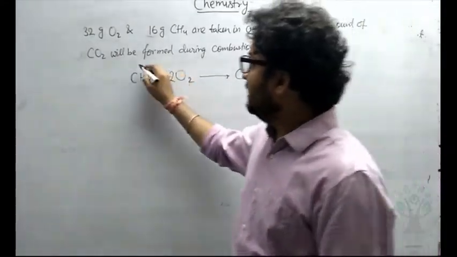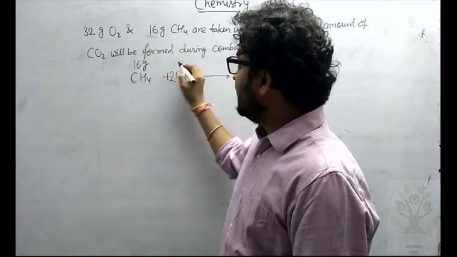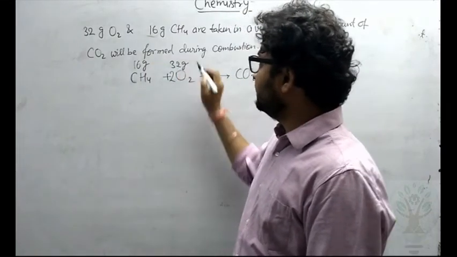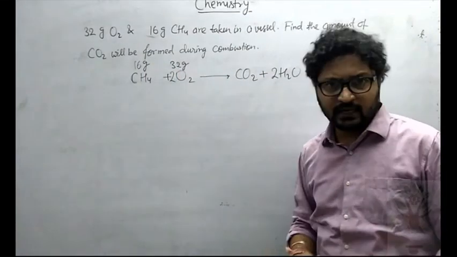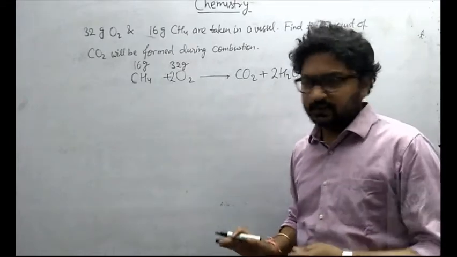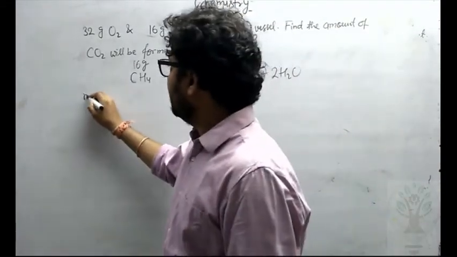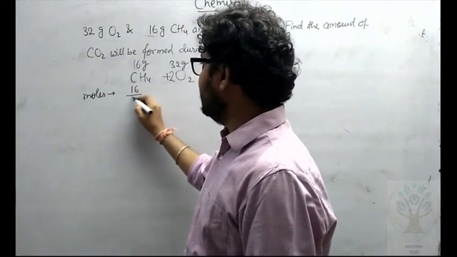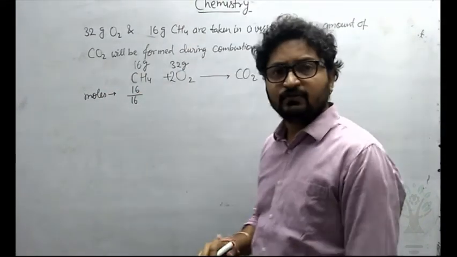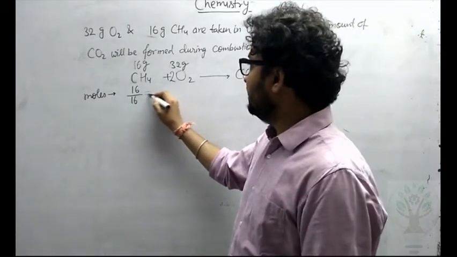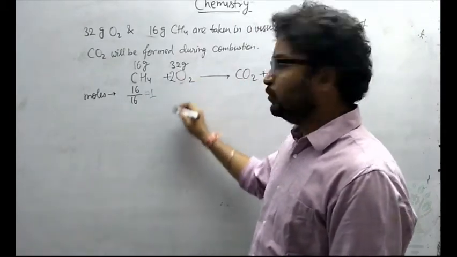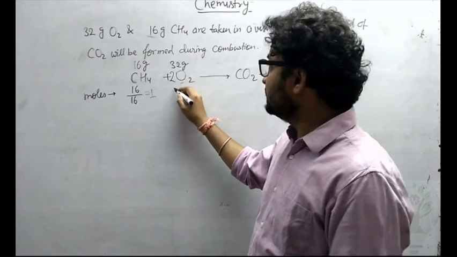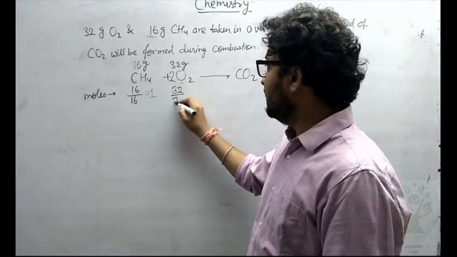Now, I have taken 16 gram here and 32 gram here. This is the weight that I have actually taken. Let's find the moles of these. Moles of CH4 will be 16 upon 16. What is the molecular mass of CH4? 16. So it will be 1. What will be the moles of O2? 32 divided by 32.